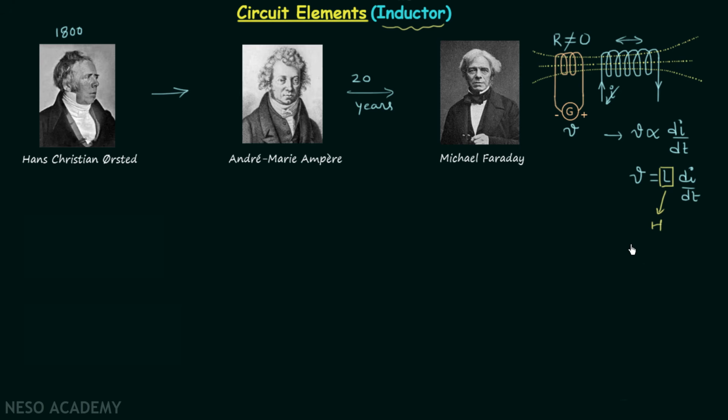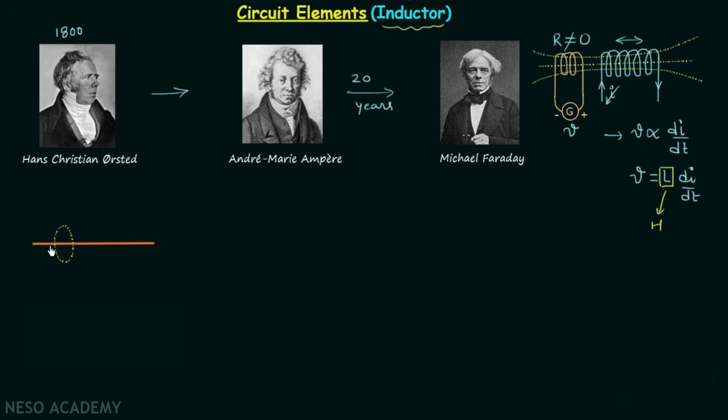We design inductors to store energy in the form of a magnetic field. And we can define an inductor as a circuit element having the terminal voltage directly proportional to the time rate of change of current. And now we will move on to the next point.